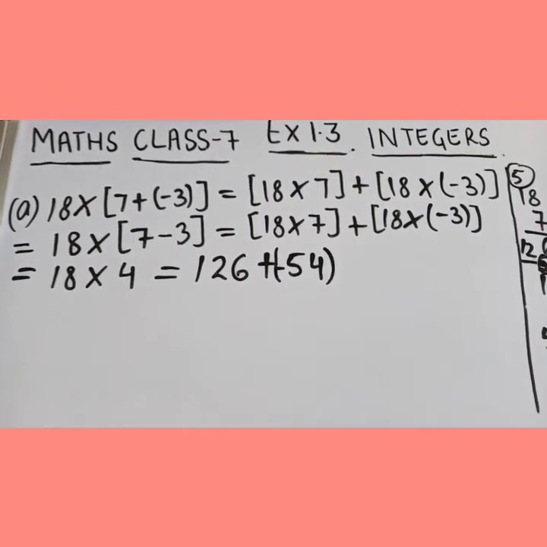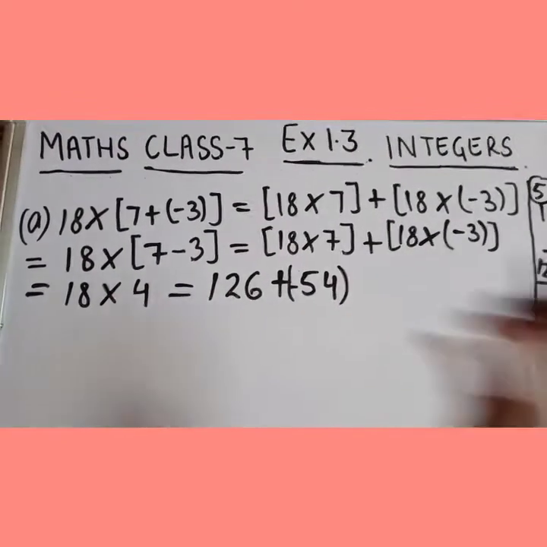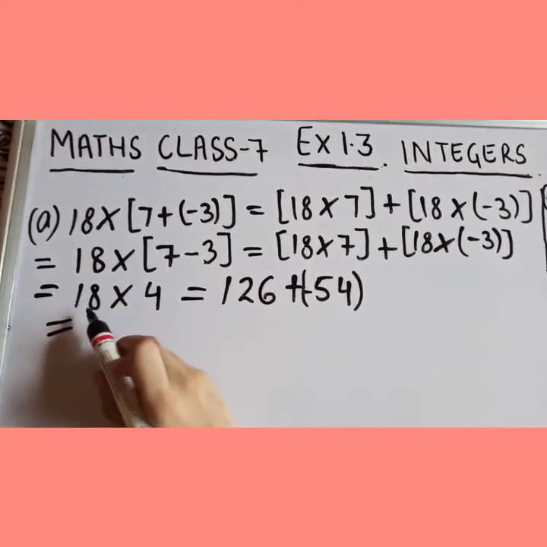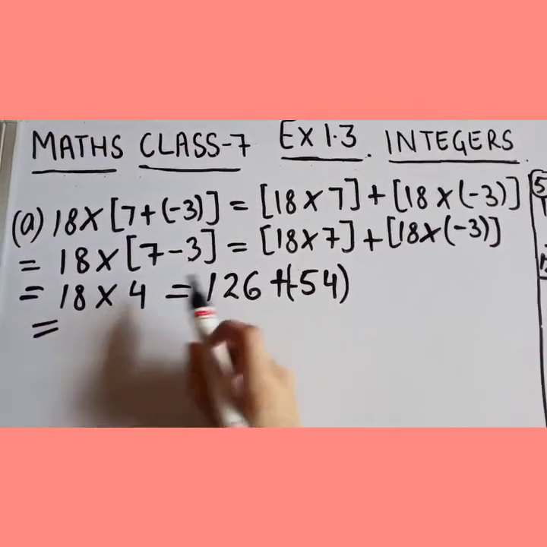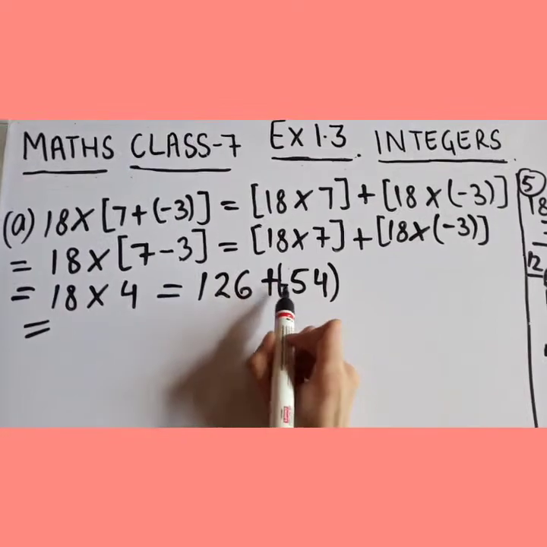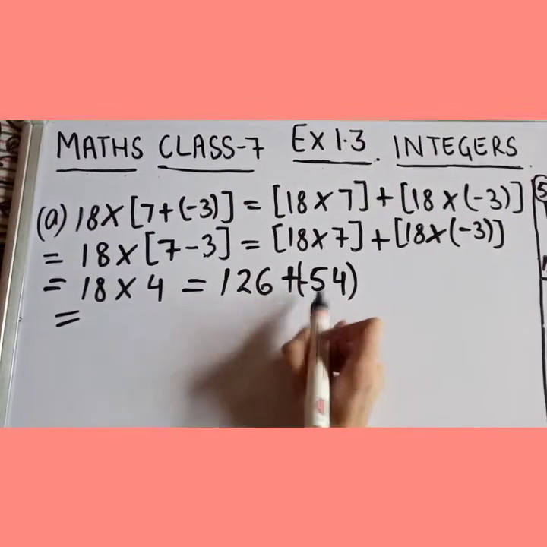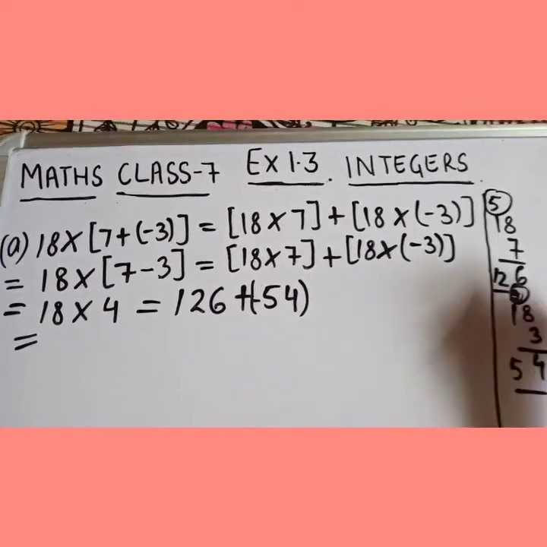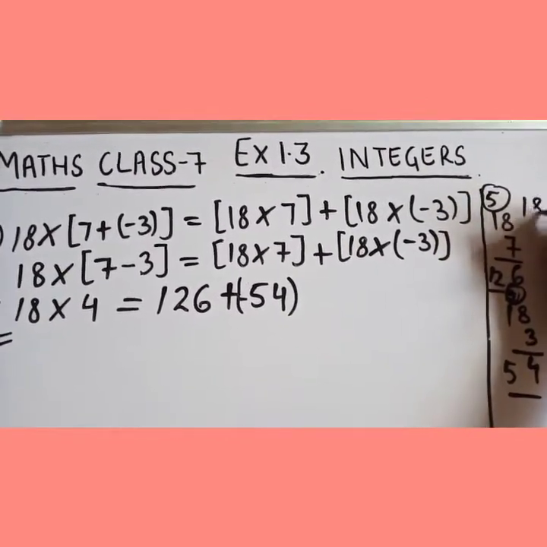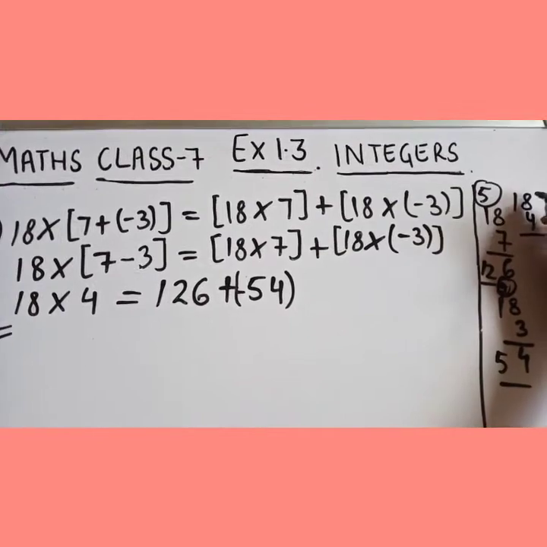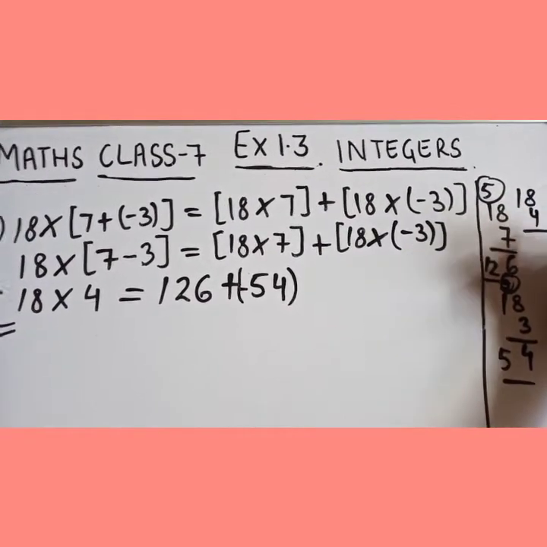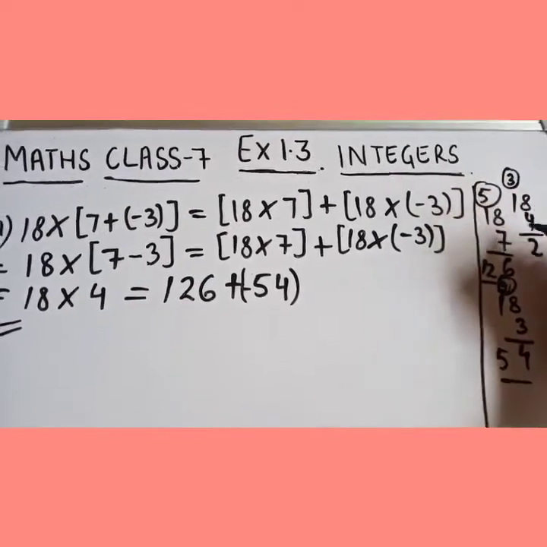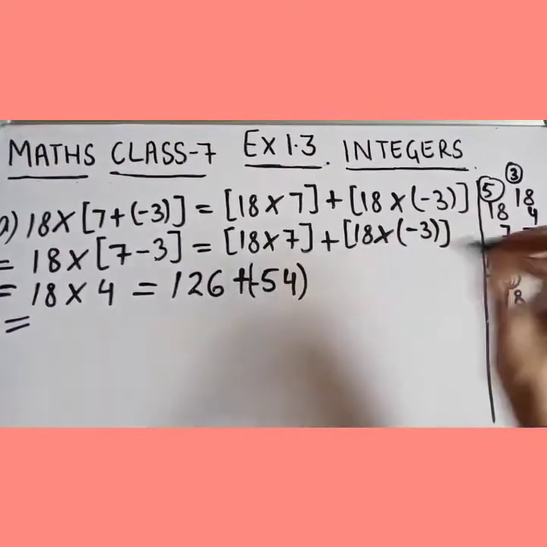Now let's move on to the third step. Now in this third step, we will multiply 18 by 4, and here we will change the sign and subtract. Now, first of all, let's multiply 18 by 4. 4 8s are, what is 4 8s are? 32. 4 1s are 4, 5 6 7, that is 72.